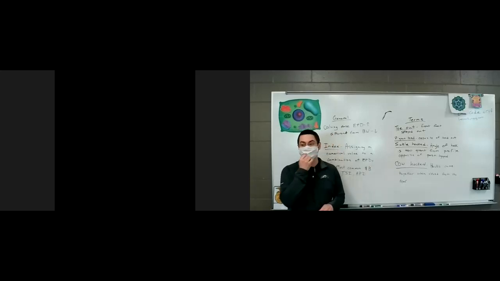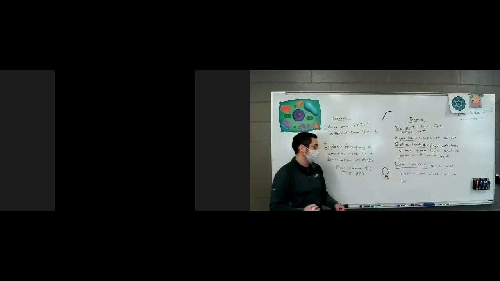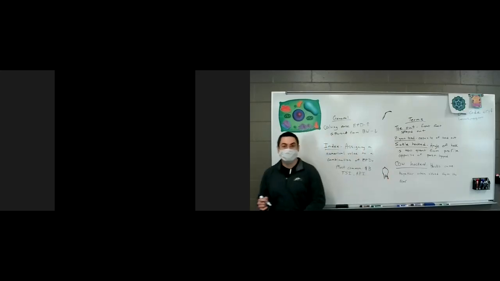Cow-hocked, we look at from a completely different angle. This you're going to be able to see from a rear view. Okay, so if they've got a tail head here, here's your hip. You've got a hind leg here, you've got a hind leg here. Cow-hocked is that this hock is way too far in, so that the hind legs are actually butting up against each other, touching or close to it.